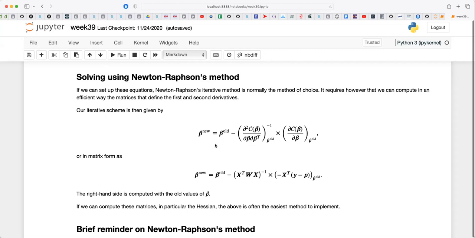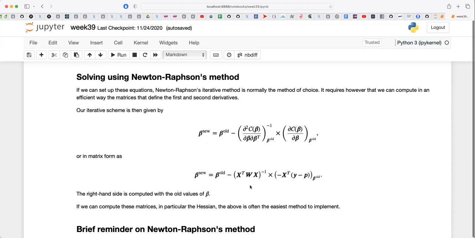So if you have only two parameters beta, there will be one equation for beta 0 and one equation for beta 1. And this matrix, which you have to invert, is going to be a 2 by 2 matrix. So for that specific case, we could actually invert the matrix using Newton's method. Now, keep in mind also that we truncated the Taylor expansion at the level of the second derivative.